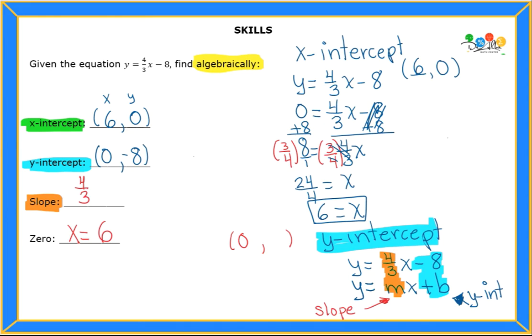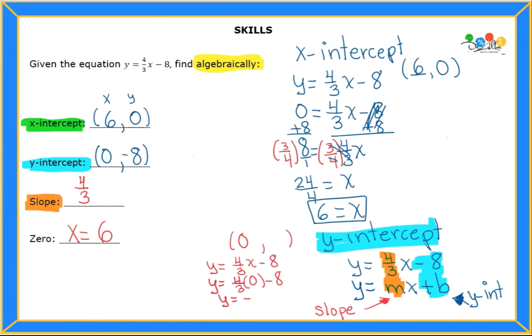So I'm going to write down y equals 4/3 x minus 8. I'm not going to replace the y because I do not know the value for that, but I do know that x is 0. Working it out, 4/3 times 0 is 0, so I don't need to write it down.